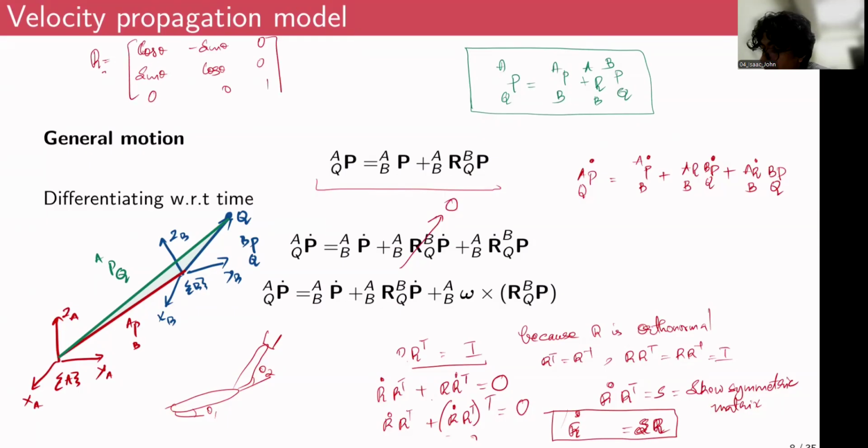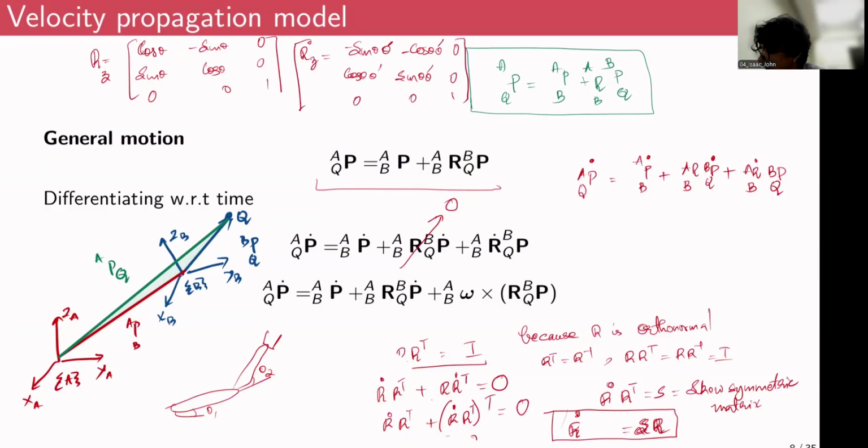Now, this is an example of a pure rotation about the z-axis. And if you take the derivative of this rotation matrix, R dot, this would be minus sine theta theta dot, minus cos theta theta dot, 0, then cos theta theta dot, minus sine theta theta dot, 0, then 0, 0, 0.